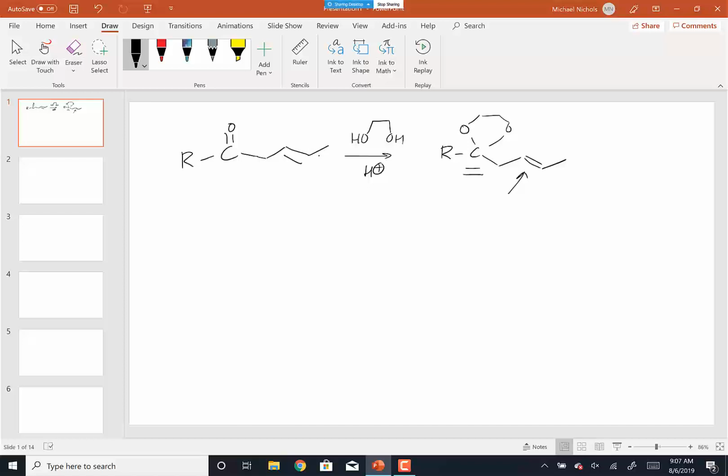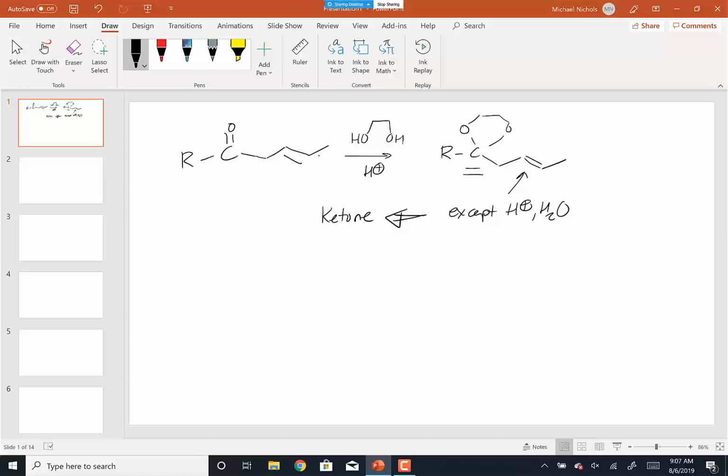So I can do anything I want to that double bond except use acid and water, because H plus and H2O are going to drive the equilibrium back to the ketone.